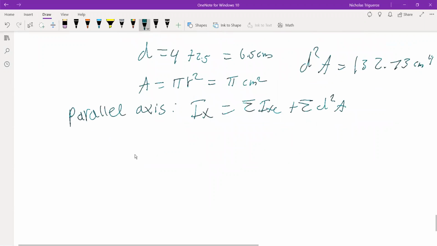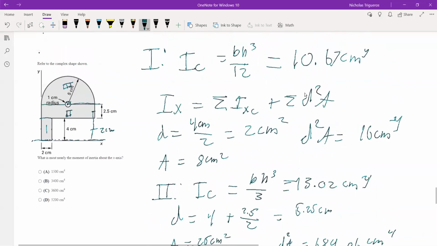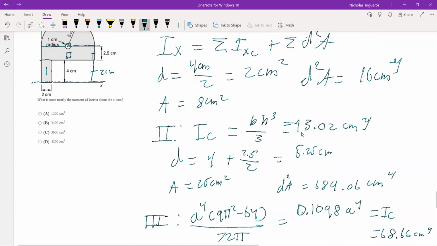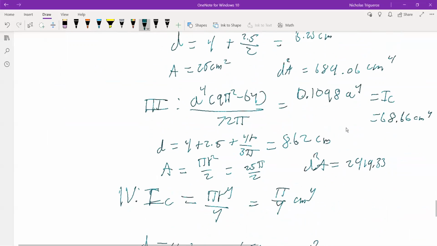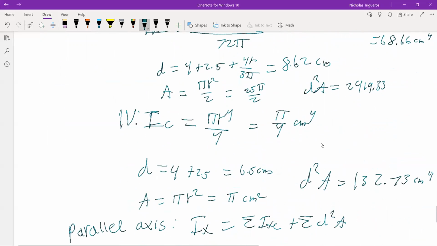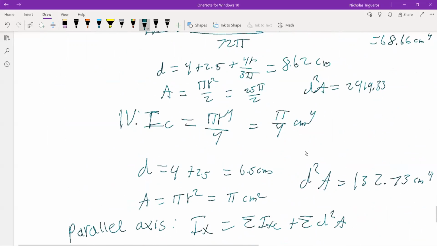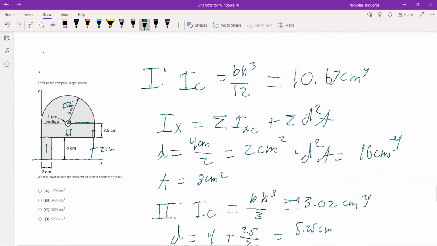So if we go back and get everything, we're going to have 10.67 plus 13.02 plus 68.66 plus pi over 4. Okay, so for the sum of all of the ICs, I'm getting about 93.14. Right now we're going to sum the D squared A's.